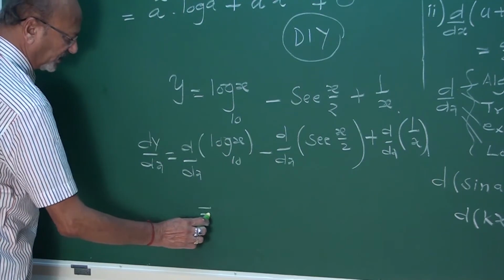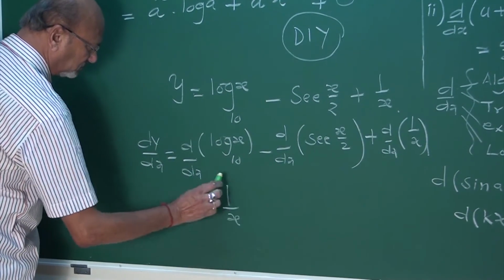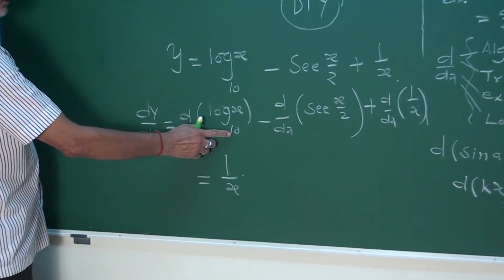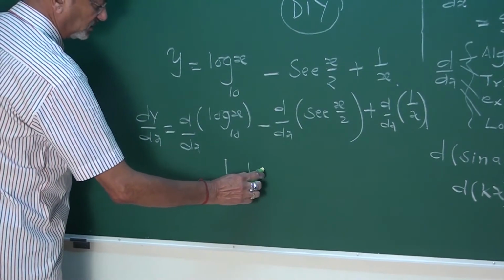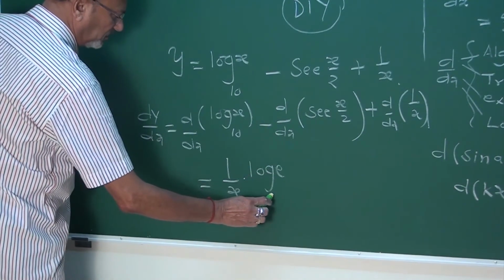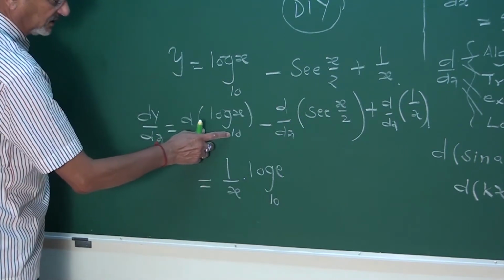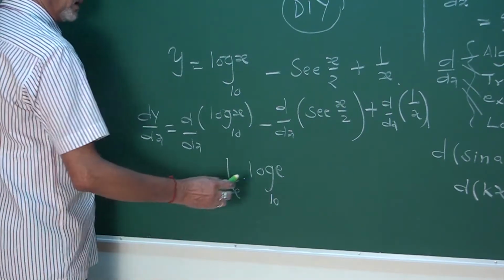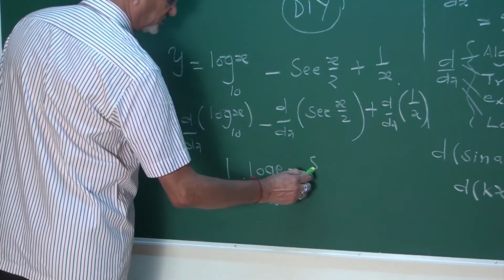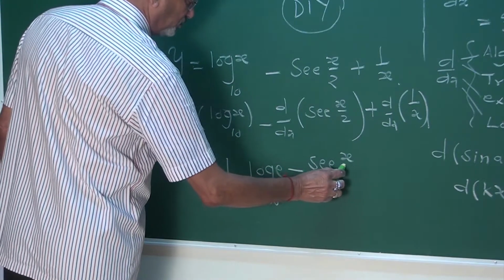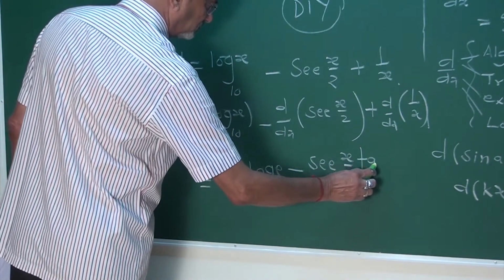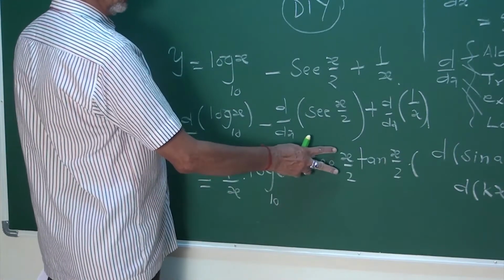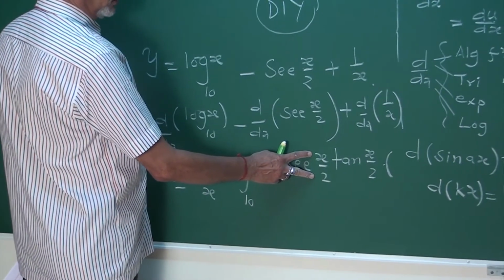Log means first you have to write 1 by x into, what about the base? Other than e, then you have to write what? Log e to the base 10, as in the previous formula a. Minus sec x by 2 into tan x by 2, into, what is the coefficient of x? 1 by 2 into x.